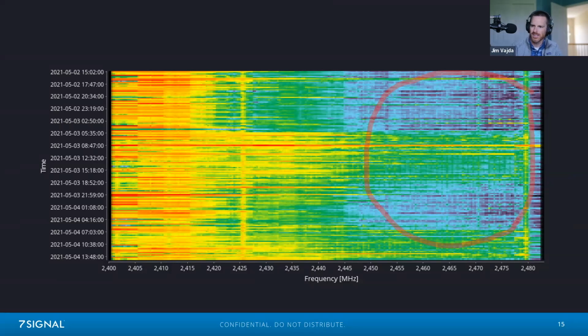But what's going on the left side that's just annihilating the bottom half of the spectrum, it's hard to tell, but it's very loud and very present. Absolutely.